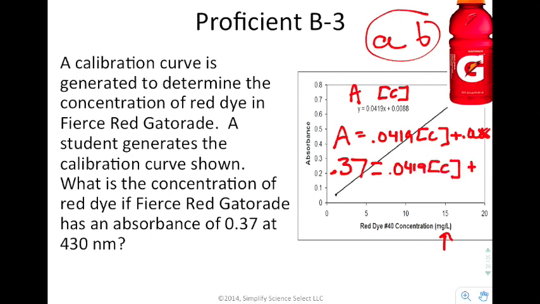And then finally you have this plus 0.0088. Okay, so now when you subtract and solve, you'd subtract both sides by 0.0088 and then divide by 0.0419. And when you do that, you get a value of about 8.6 milligrams per liter, which is a pretty small concentration.